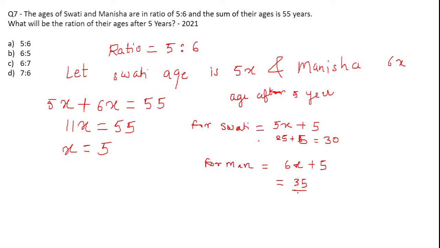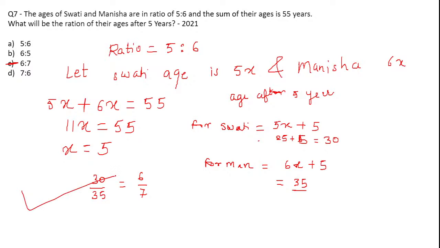Okay, so now we have to find the ratio of Swati and Manisha's ages. So that will be 30 upon 35. So it will be 6 by 7. So let's see the options: 5 by 6, 6 by 5, and 6:7. So this is our correct option, C.